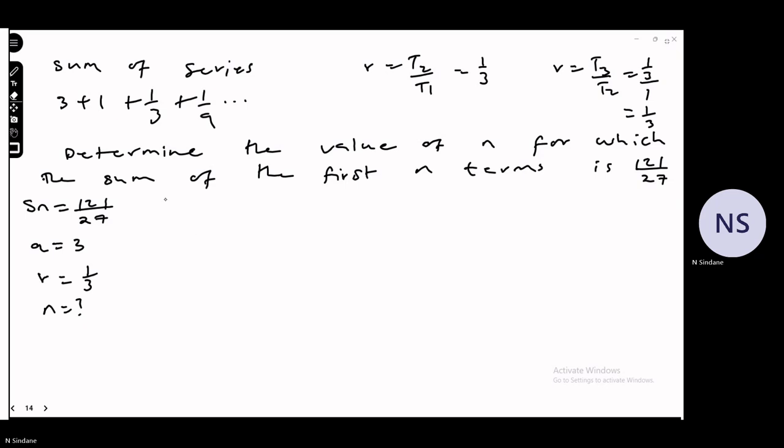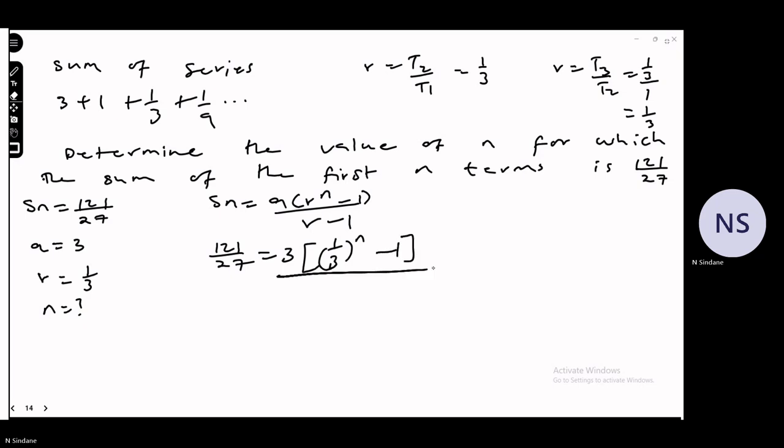So in this case, I know the formula. Sn is equals to a into r to the power n minus 1 close bracket divided by r minus 1. I know what Sn is, which is 1 to 1 over 27. This equals a, which is 3, into 1 over 3 to the power n minus 1 close bracket, divided by r, which is 1 over 3, minus 1.